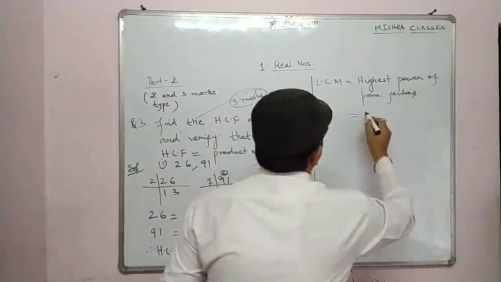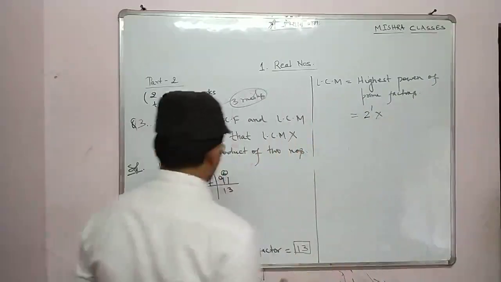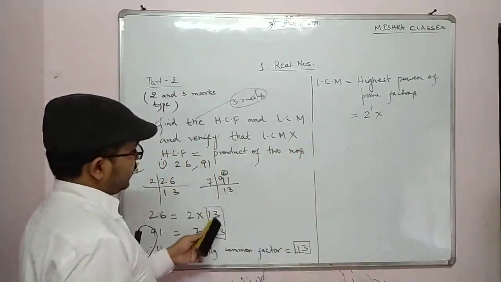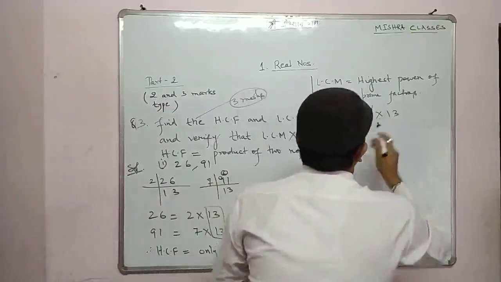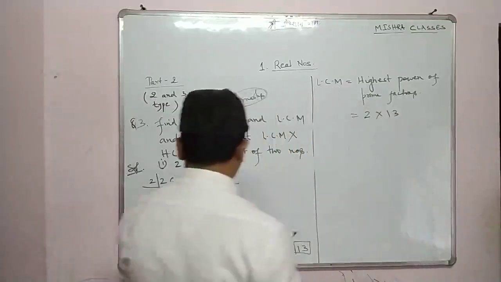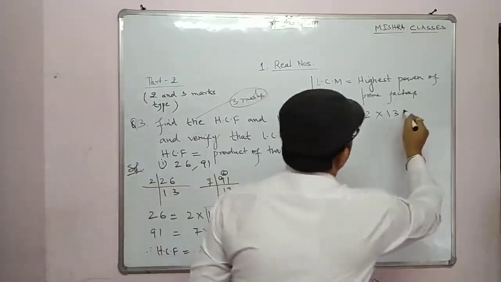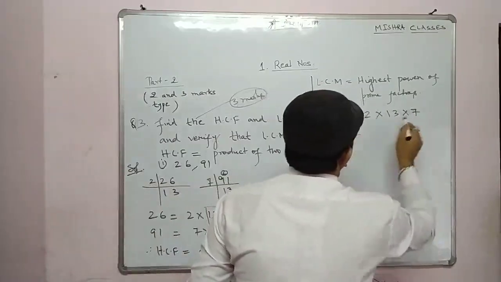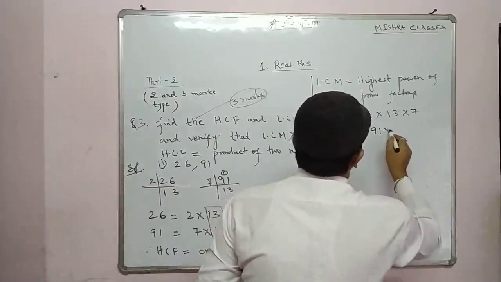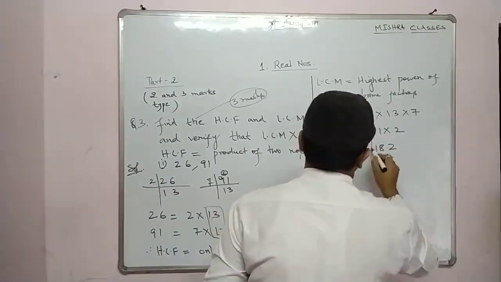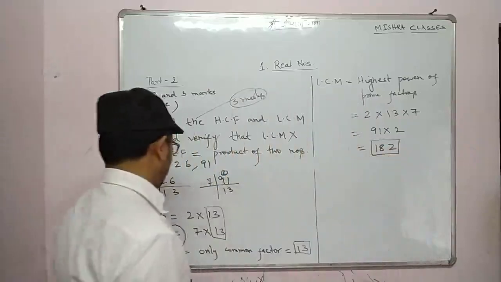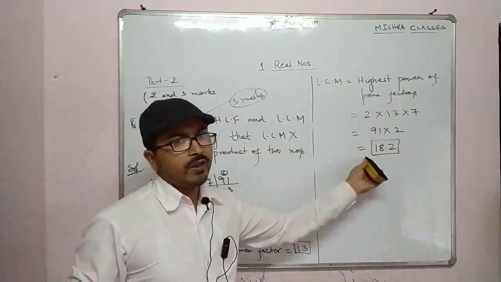It's 2 power 1. So 2 power 1 into... Now the highest power of 13 is here also 1, here also 1. Power is 1, so we can write 13. No need to write the power. The highest power of 7 is 7 only. So 13 7s are 91. 91 into 2 how much? 182. So this is the LCM. HCF we got, LCM we got.